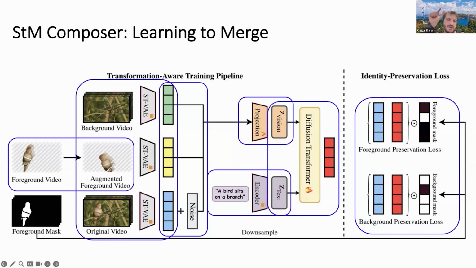Basically, we have a foreground preservation loss, where we compute a distance between the latents of the predicted output and the original video, but only for the elements that correspond to the foreground and background separately. We then apply a weighting between the scores obtained from these loss functions to get the final loss value, which is then backpropagated through the trainable parts, which are the projection layer and the diffusion transformer part.